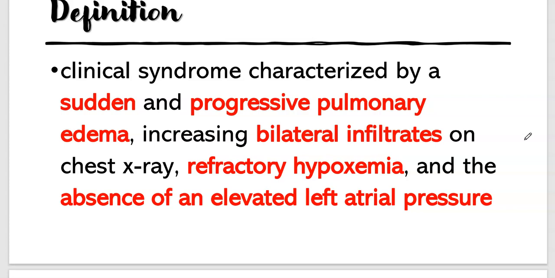I'm not just talking about inflammation in your bronchial airways, or maybe in your bronchioles, or hyperinflation or inflammation of your alveoli. I'm talking about an extensive inflammation of both of your lungs. Okay? There are increasing bilateral infiltrates on your chest x-ray. And you also have refractory hypoxemia.